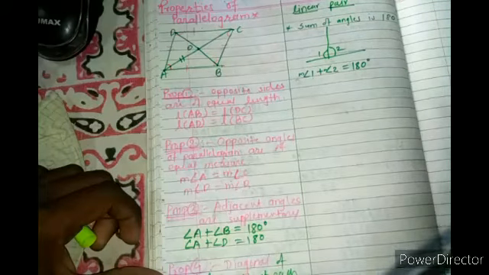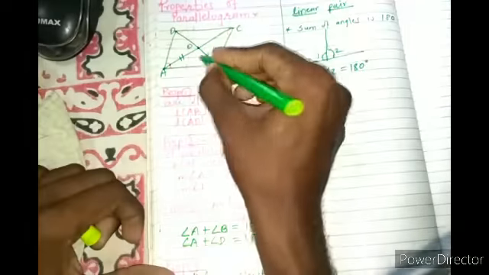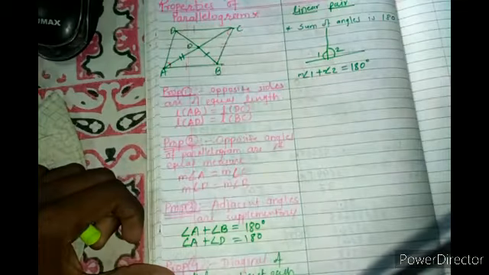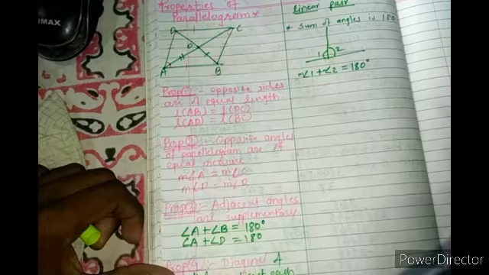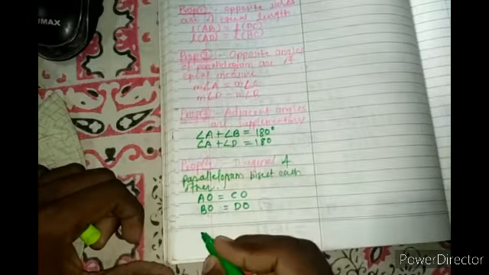so AO is equal to CO. If I am taking this part, so BO equal to DO, right?